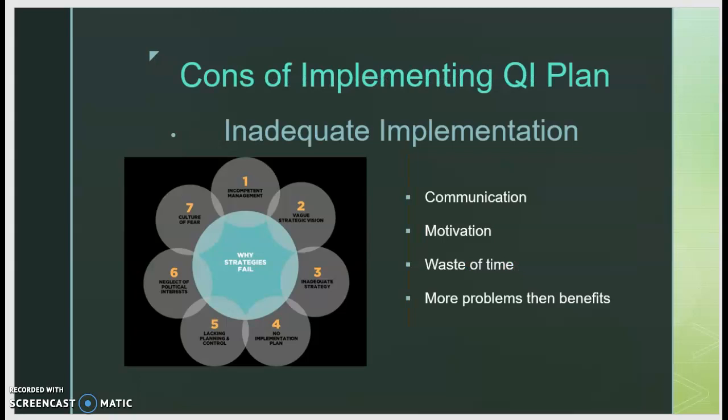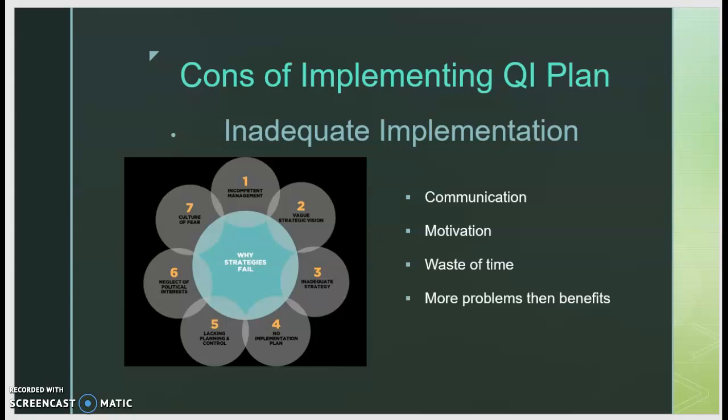These are cons of implementing a QI plan. Inadequate implementation, communication, motivation, waste of time, more problems than benefits. The plan may not be implemented effectively.